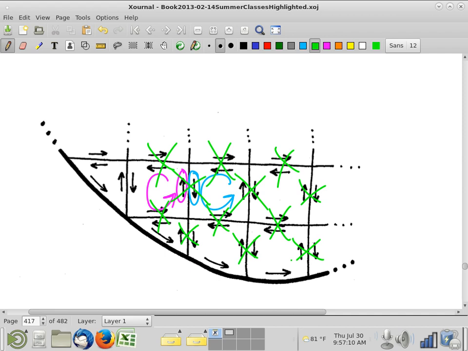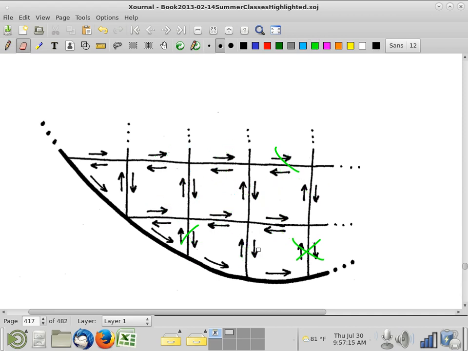Now, where are the pieces of boundary that don't cancel? Lots and lots of cancellation. That makes a huge mess. I'll do it like this. What about that? Now, that is part of the boundary of that little triangular, odd-shaped piece. But it's not part of the boundary of anything else.